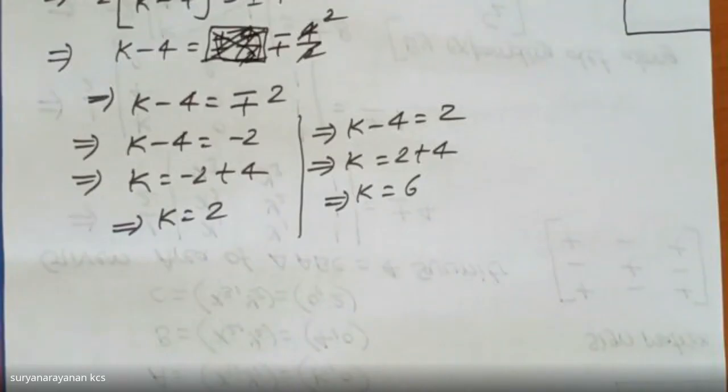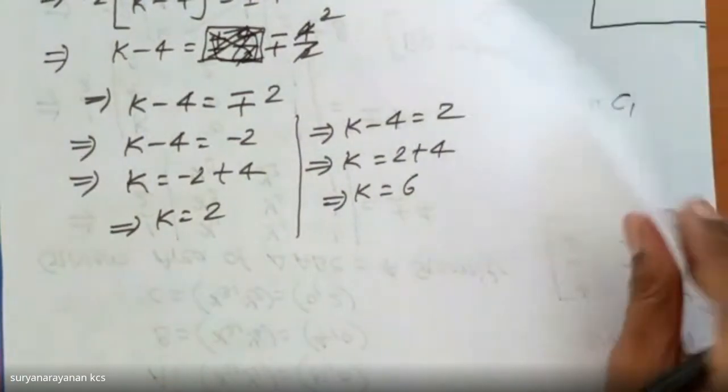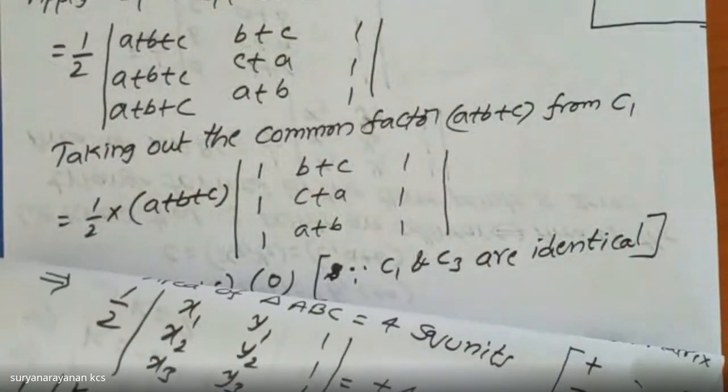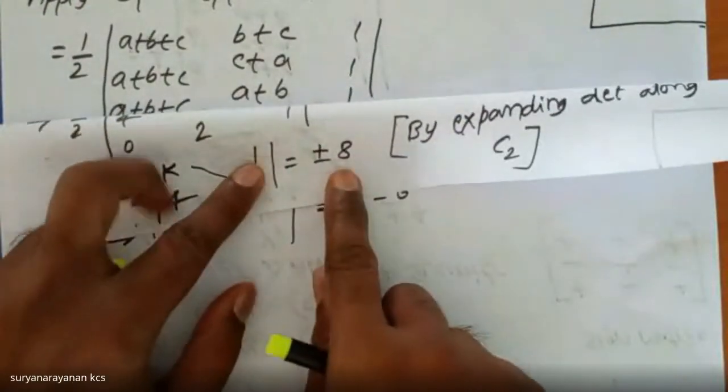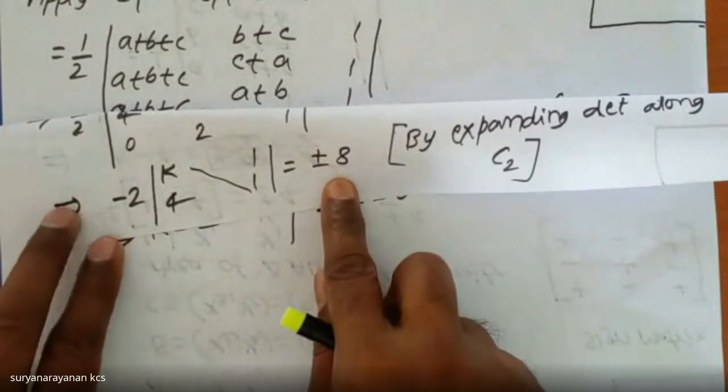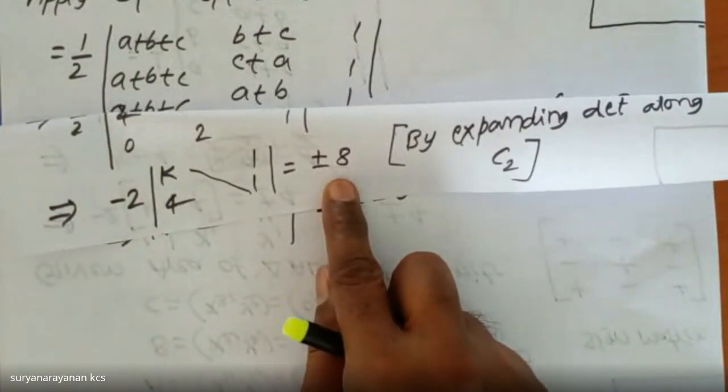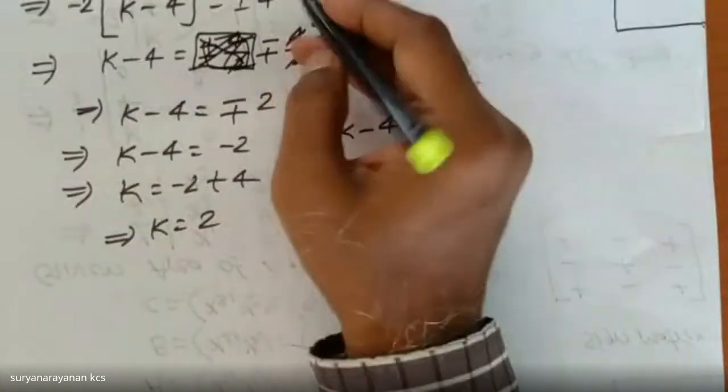So the answer in the textbook is 0, 8, sir. Huh? 0, 8. Let us check. Oh, sorry, here plus or minus 8 is there. See the previous page, in the last step plus or minus 8 is there. But I wrote here plus or minus 4.